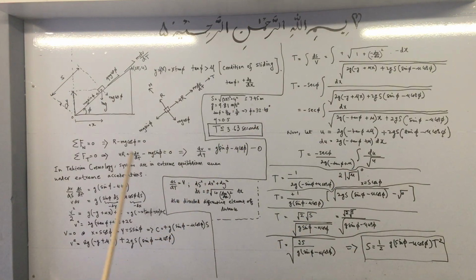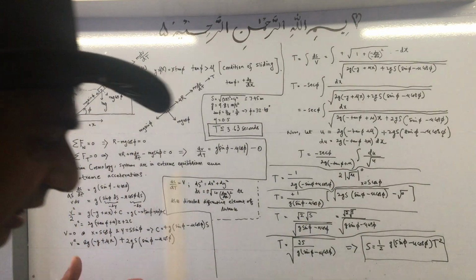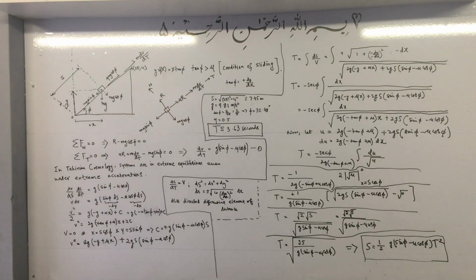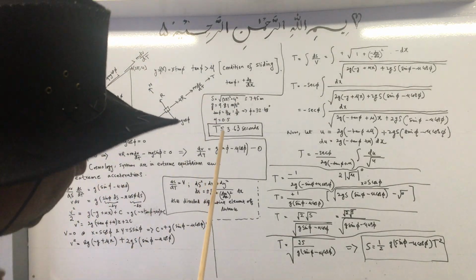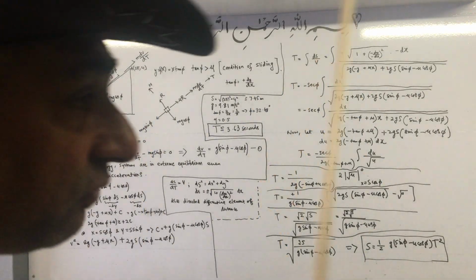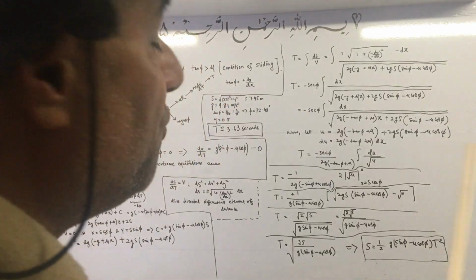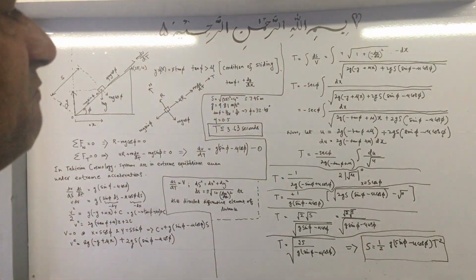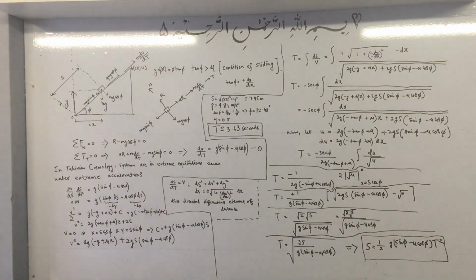Let me clarify one thing. When you compare theoretical values with experimentation, you have to perform the experiment with explicit, clear, ideal, perfect conditions if you want to get this answer. Otherwise, you will never get the same answer.